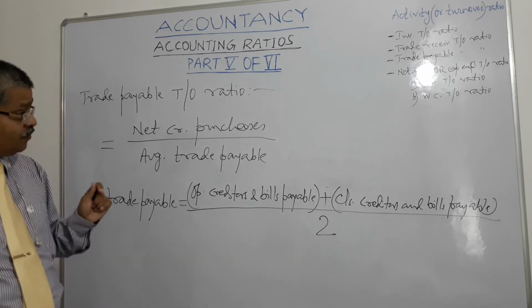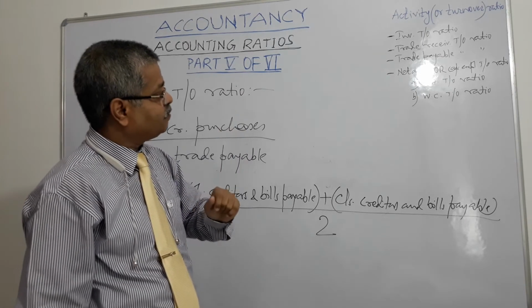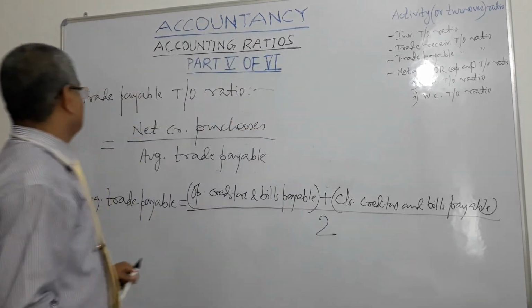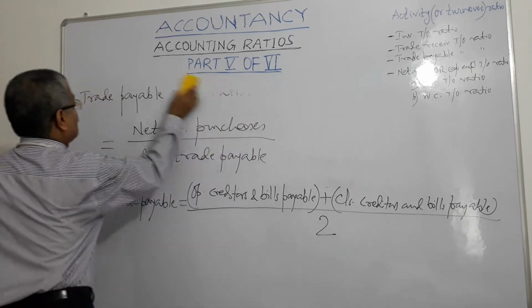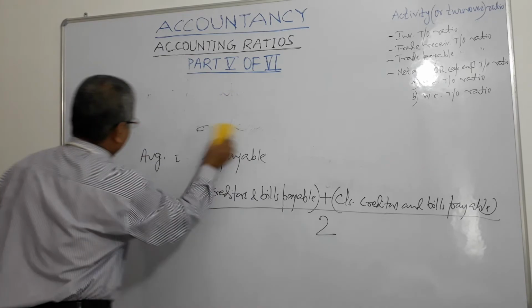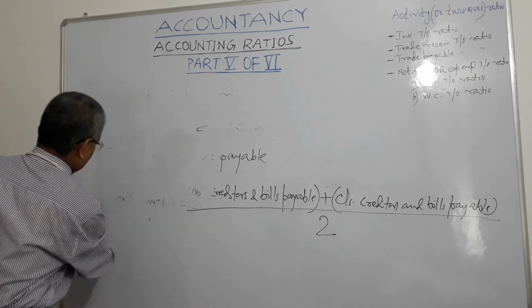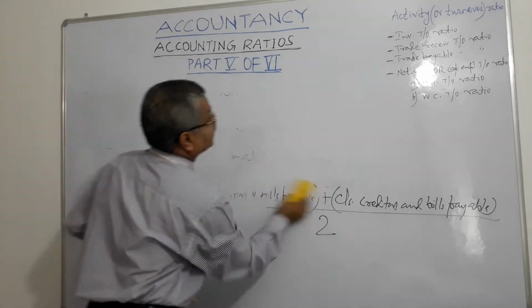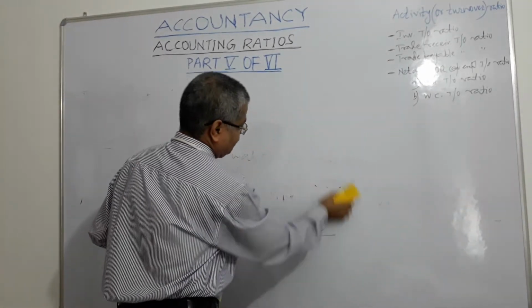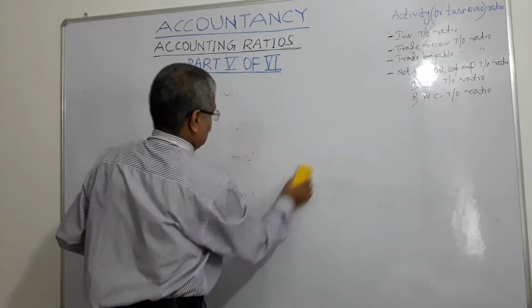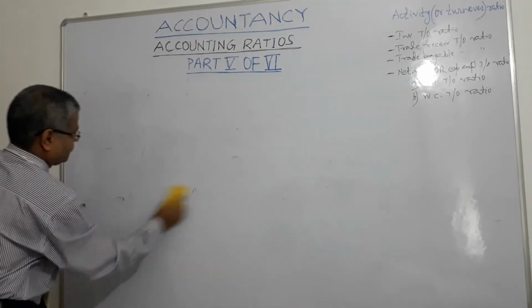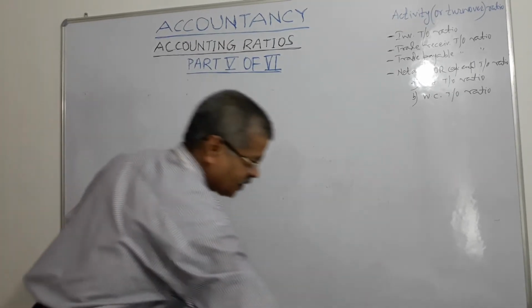Then we go to the fourth ratio, and that is net assets or capital employed turnover ratio, right?